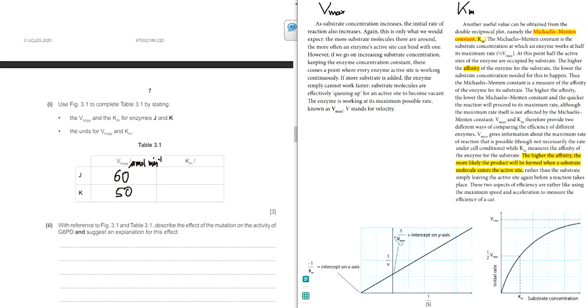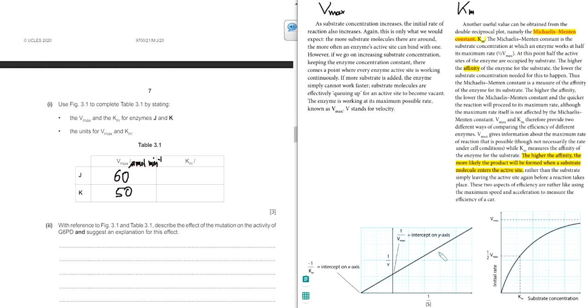So we can find the Km using two methods. I don't want to go into the first method because we don't need it in this question, which is a bit more complicated, which involves taking the reciprocal of Vmax and substrate concentration and then making a plot of -1 over Km, and that's the x-intercept.